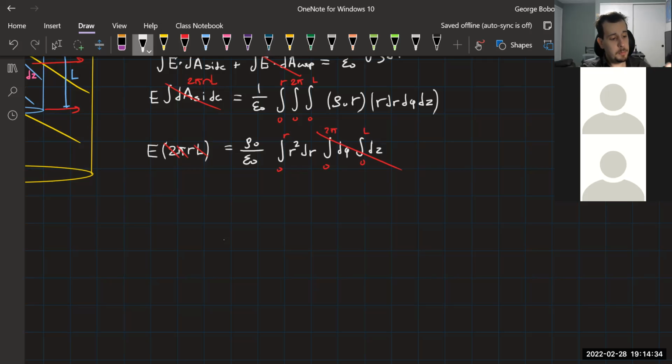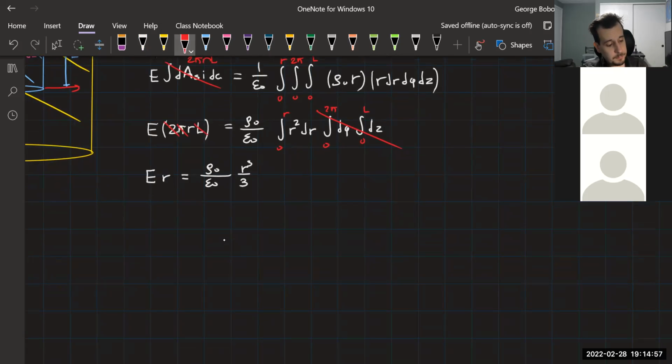And the only remaining thing on the left-hand side, we have E times R. On the right, we have rho naught over epsilon naught, and we're integrating R squared. That is R cubed over 3, evaluated from 0 to R. We don't even have to do the evaluation. We can see that this is just going to be this, right? And that's it.